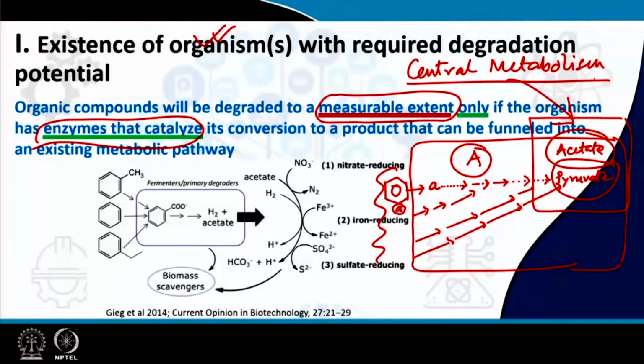In any microbial metabolic landscape, we see that there are certain central metabolic processes going on: central carbon metabolism, central nitrogen metabolism, central sulfur metabolism.